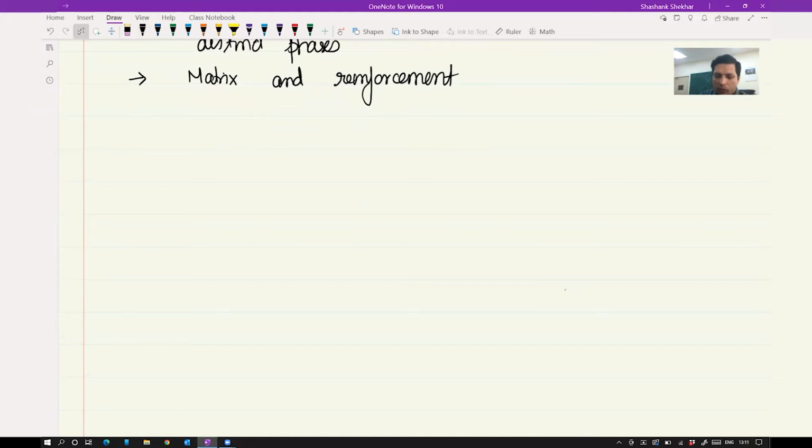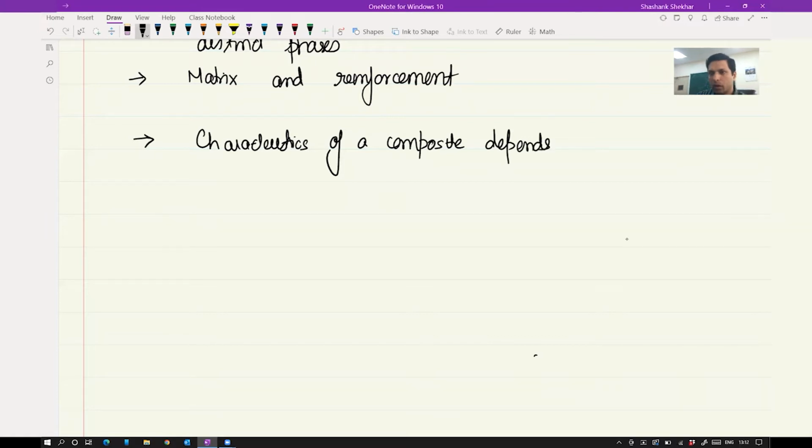So what do the overall characteristics or properties of the composite depend on? Of course, the two phases. So what are the two phases?